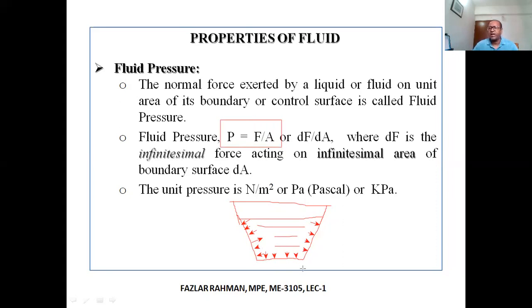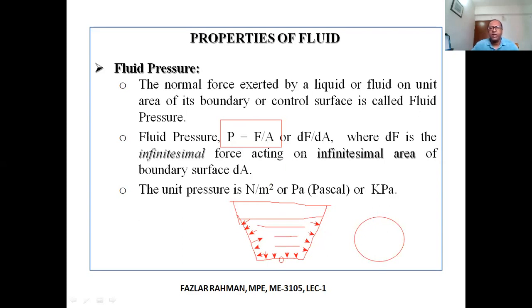Say the bottom of your bucket, what kind of area? Obviously round, circular, right? You know the area. If you know what the pressure is at the bottom of your bucket, then you can calculate the total force, how much force is at the bottom of the bucket. Okay. So it's the normal force exerted by liquid or fluid on unit area of its boundary or control surface that is called fluid pressure.